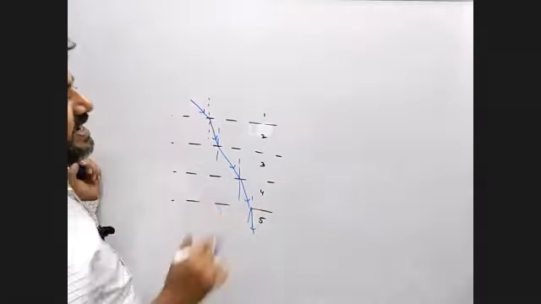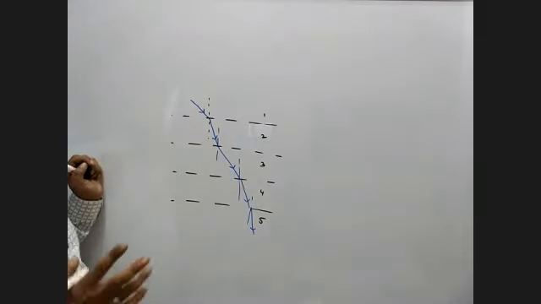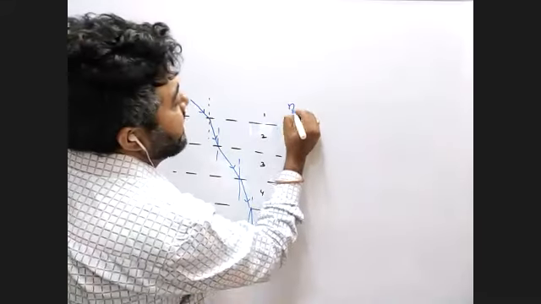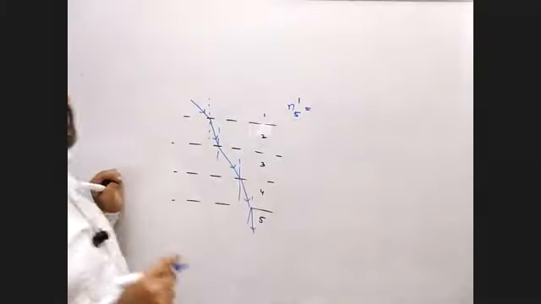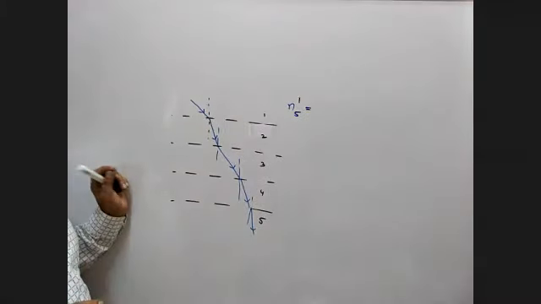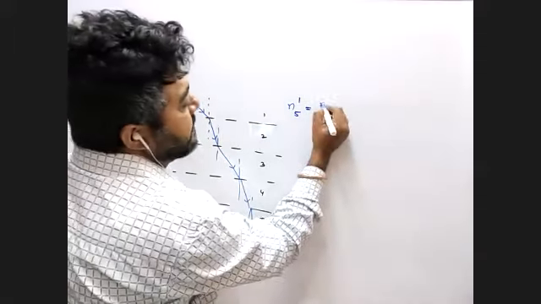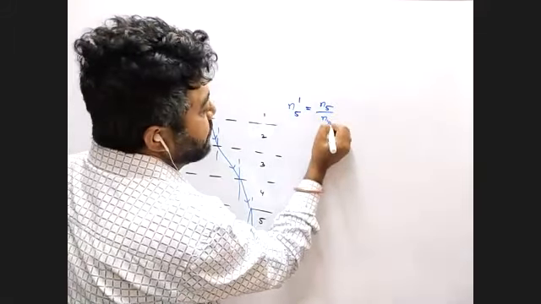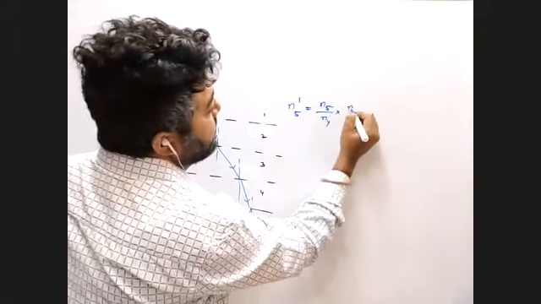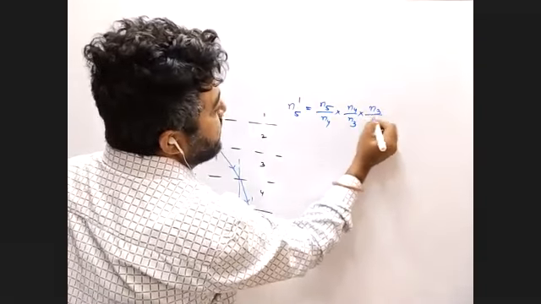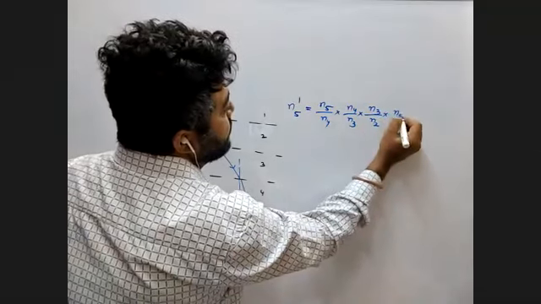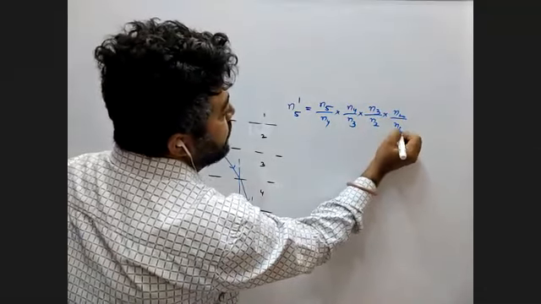I'm just giving it randomly. So now anyone can ask you the refractive index of the fifth medium with respect to the first medium. What do you mean by that? Refractive index of 5 with respect to 4, of 4 with respect to 3, of 3 with respect to 2, and 2 with respect to 1.